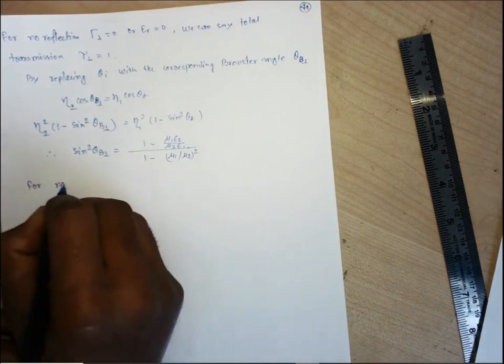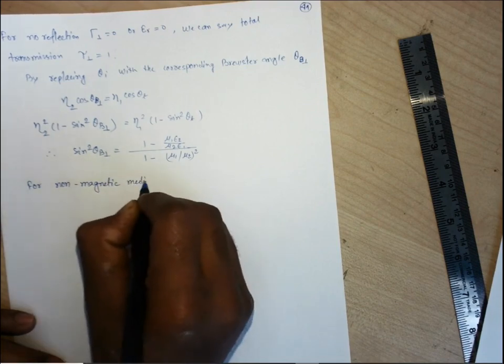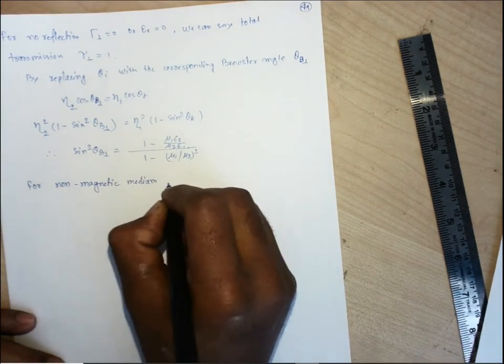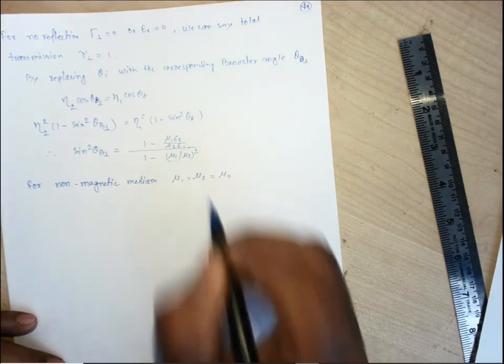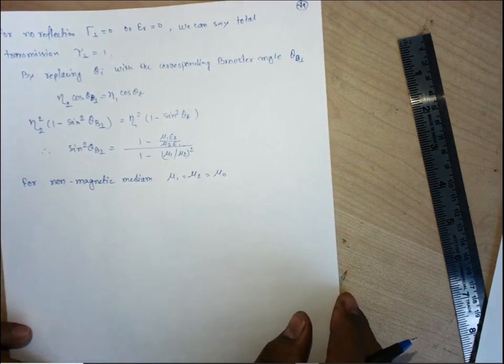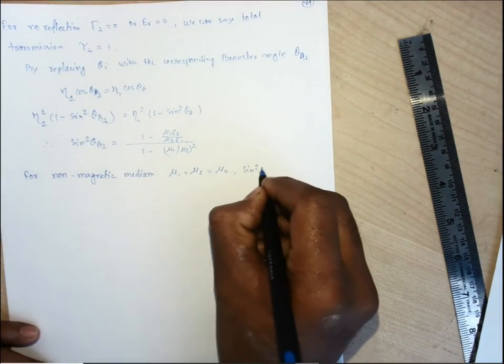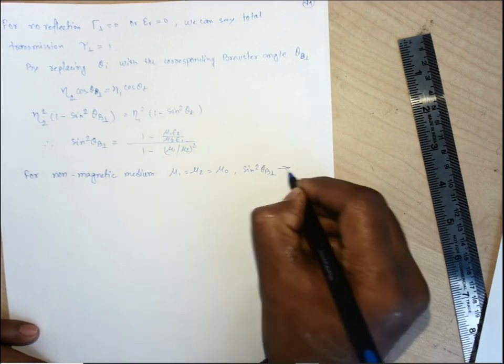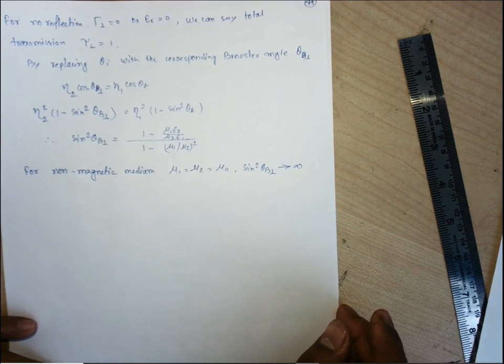For a non-magnetic medium, that is mu 1 equals mu 2 equals mu 0. If these are the same, then obviously this denominator will become 0 and sine square theta b perpendicular tends to infinity, which means theta b perpendicular does not exist.